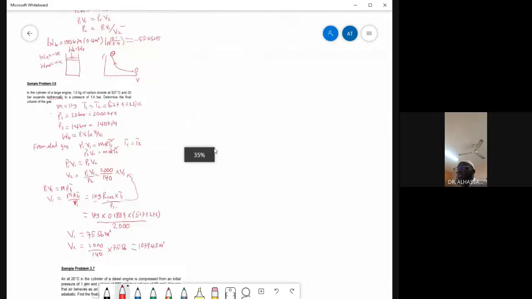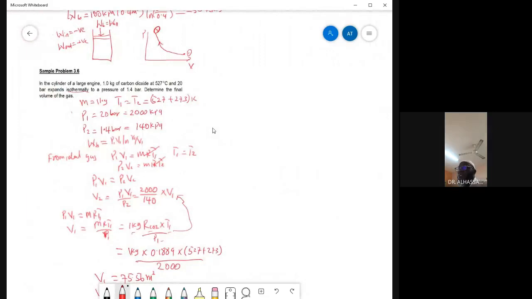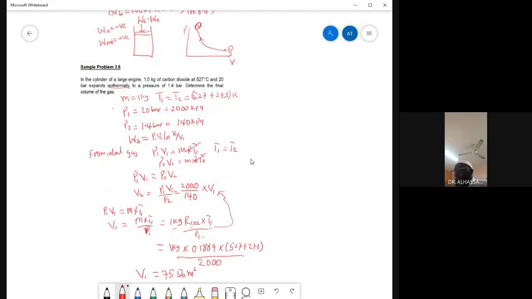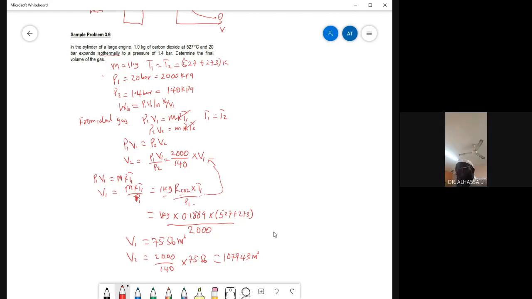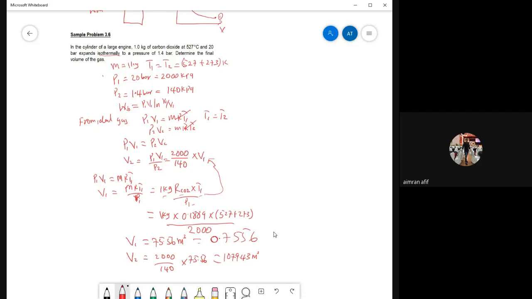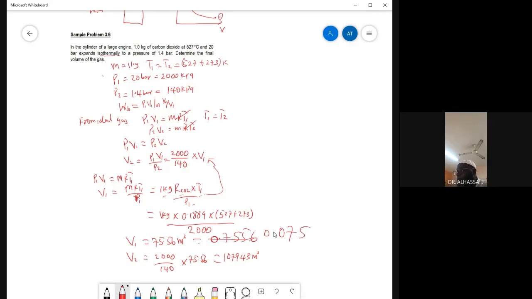Yes, this one, right? You said V1 is not 75.56 but 0.07556, right? Because it is divided by 1000. V1 equals 0.07556 meter cube. Yes, sir.